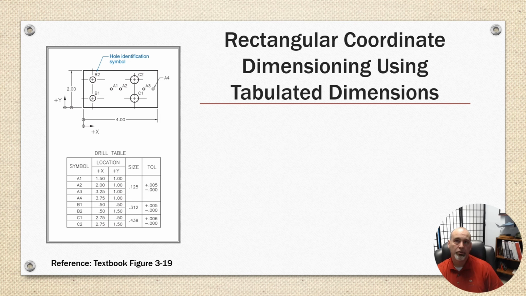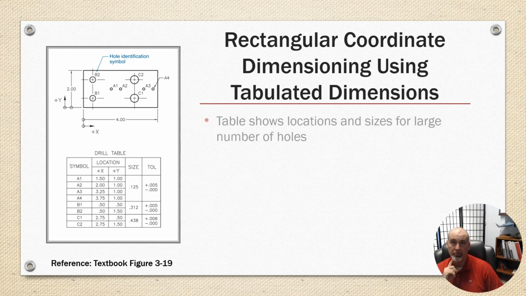So rectangular coordinate dimensioning using tabular dimensions tends to be in parts that have lots of holes and lots of different hole sizes and lots of locations. And it's not practical to throw dimensions between them. So you'll have a table that shows the location and sizes for large numbers of holes.